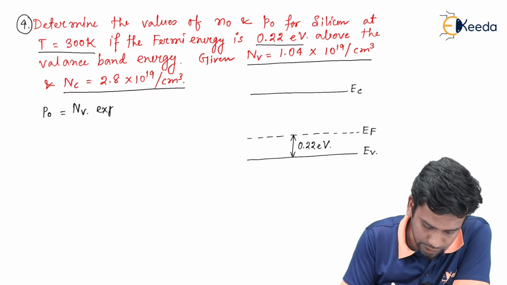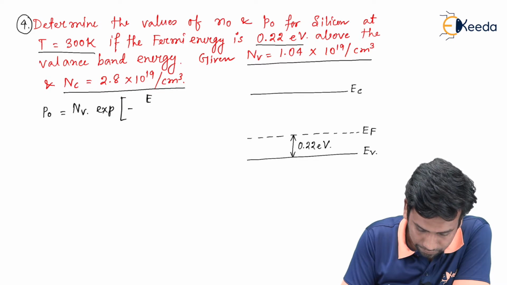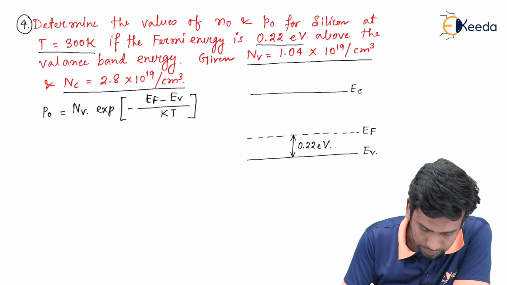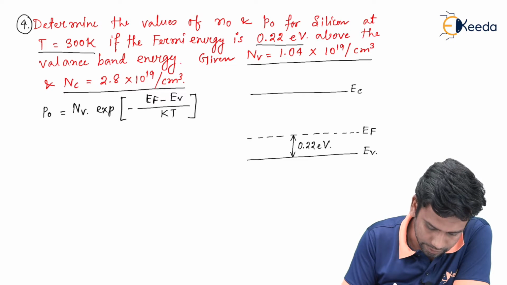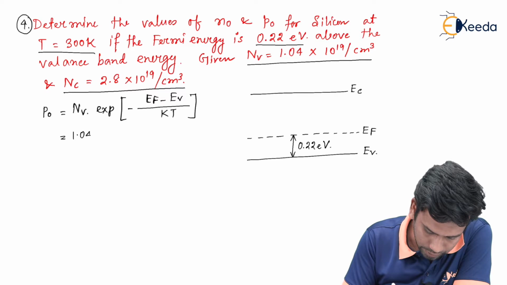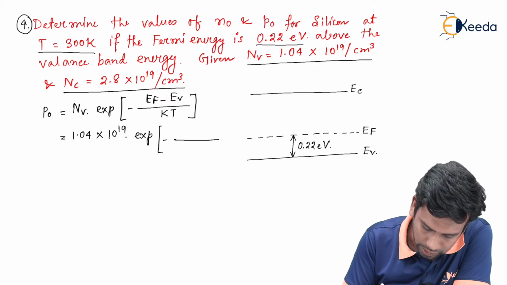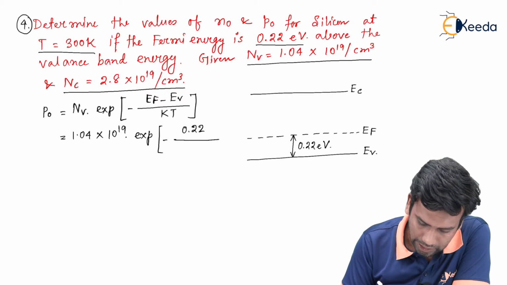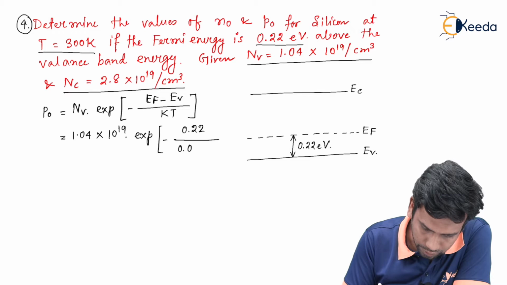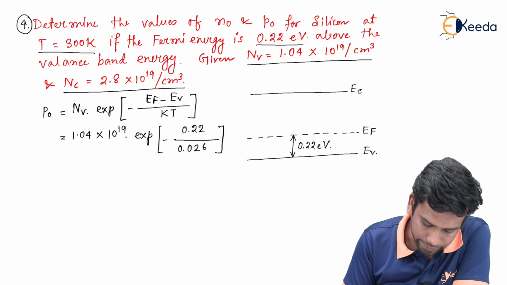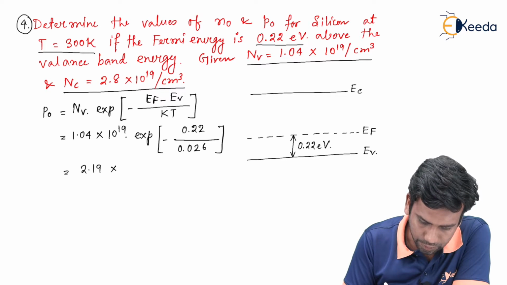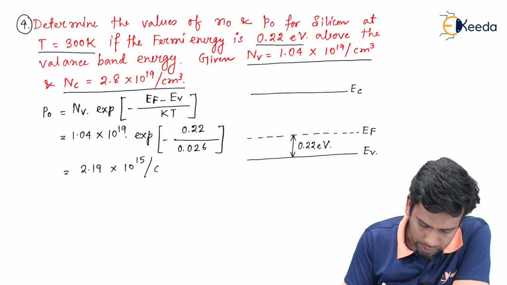So Nc value and Nv value are given, so we can say that P0 is equal to Nv exponential minus (Ef minus Ev) by Kt. So P0 value can be written as Nv value 1.04 into 10 to the power 19 into exponential minus (Ef minus Ev), which is 0.22 electron volt, and Kt value will be 0.026, and from this calculation we can find that P0 will be 2.19 into 10 to the power 15 per centimeter cube.